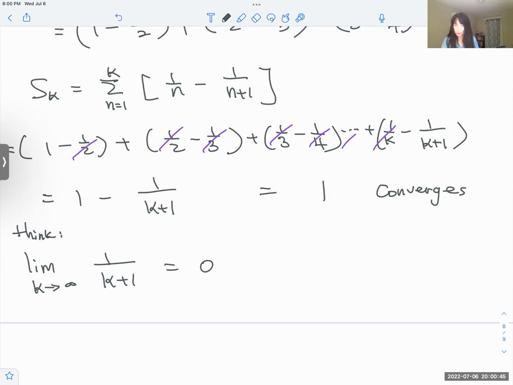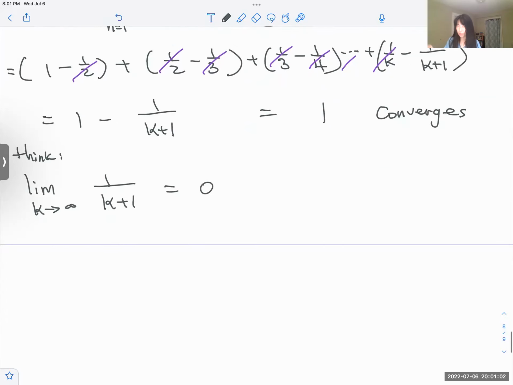Okay, then let us do one telescoping. And then I wanted to mention the nth term test, but maybe we do the nth term test next time, right? So let me write down the telescoping series definition.